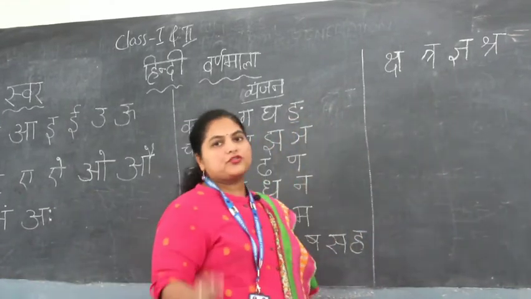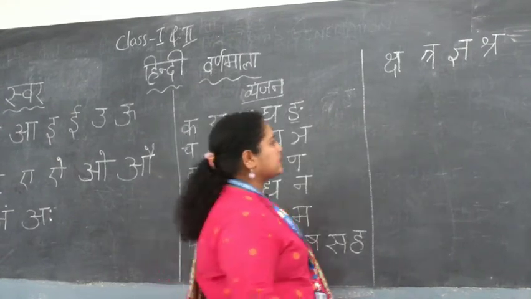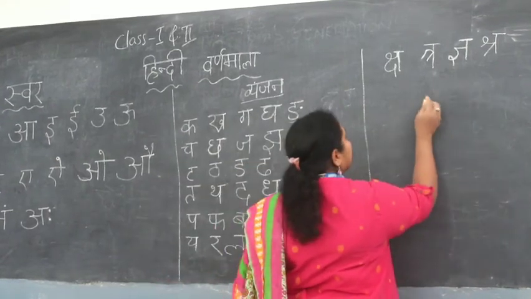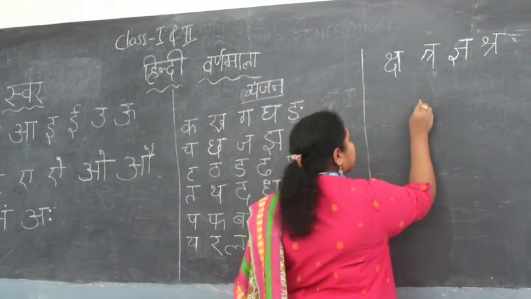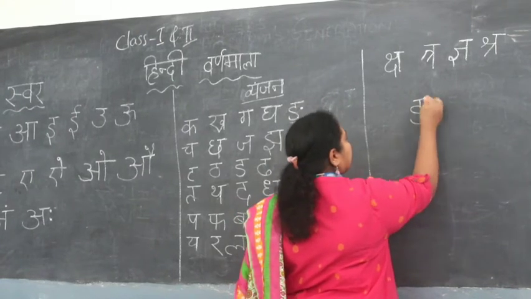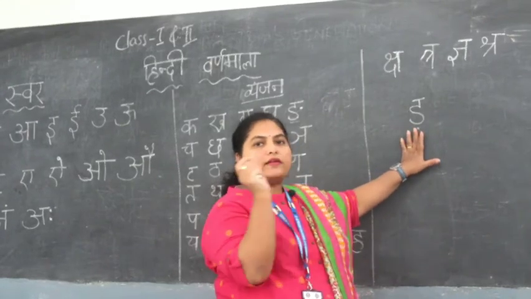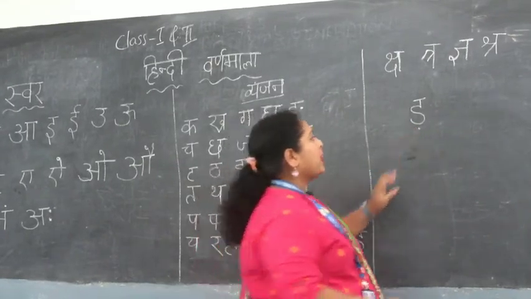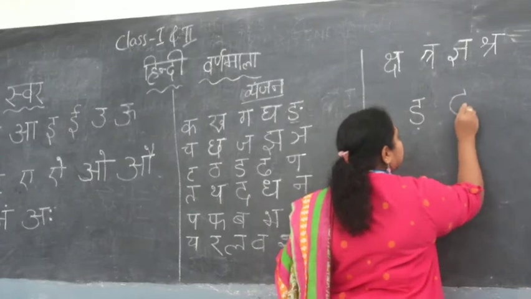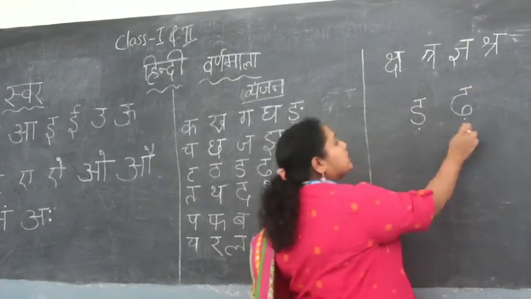Now we will be introduced today to another two letters, called the Atirikt Akshar. That is da, and a dot here becomes da. It's between your r and d. It's da. And this is dha. Da, dha.